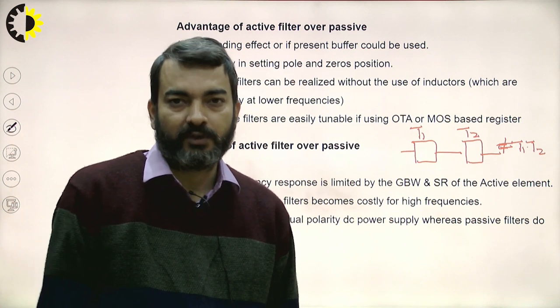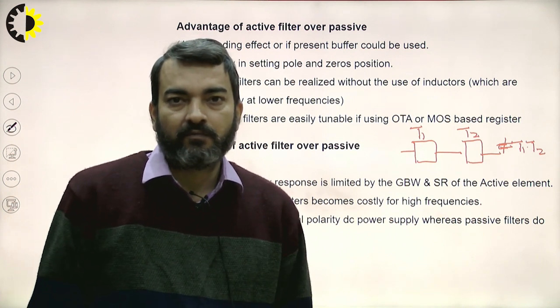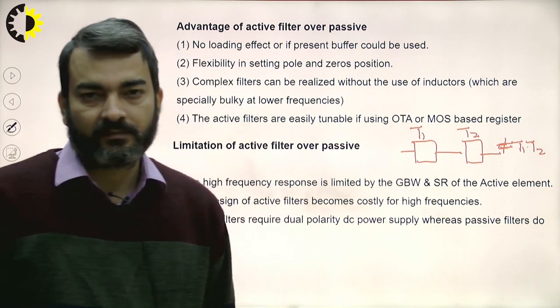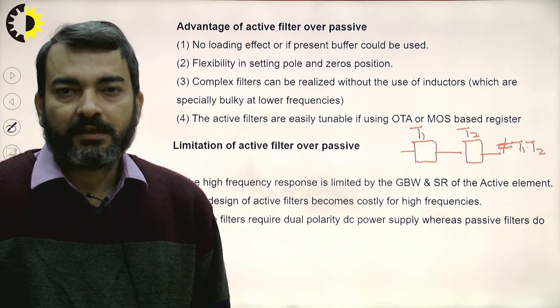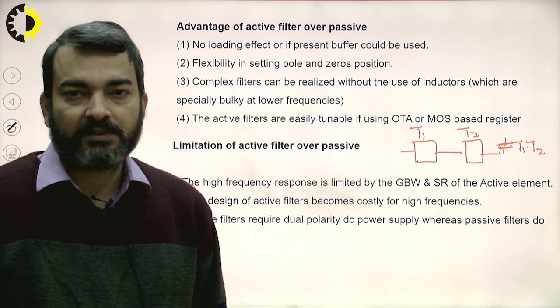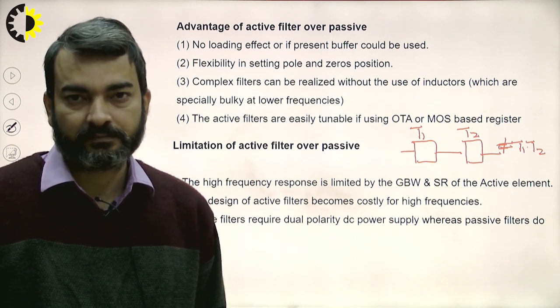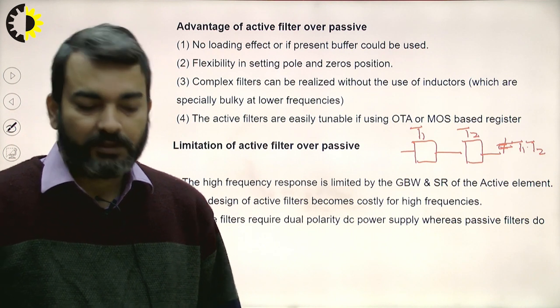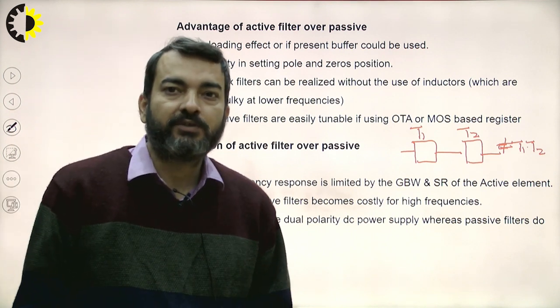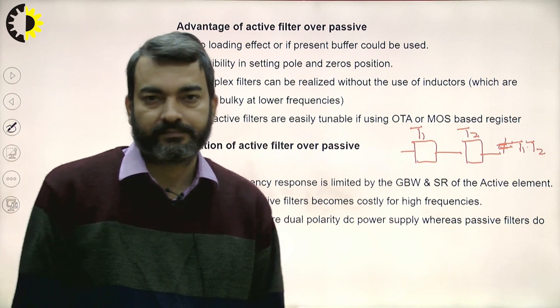Third important point: if we use inductors, inductors are very bulky, especially if we design low frequency filters. So these bulky inductors will occupy much more area on a silicon chip.